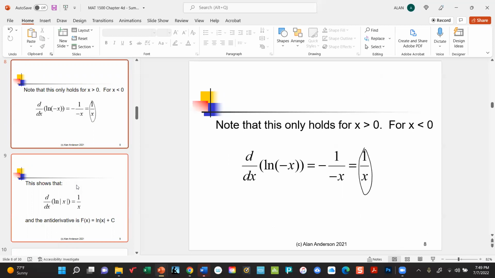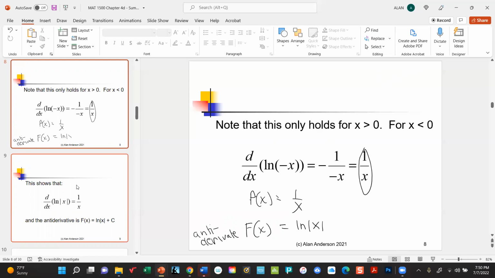So what we're going to do from now on is say that the antiderivative for 1 over x, in order to incorporate both cases, instead of having a separate one for x is positive and x is negative, we're just going to do this.